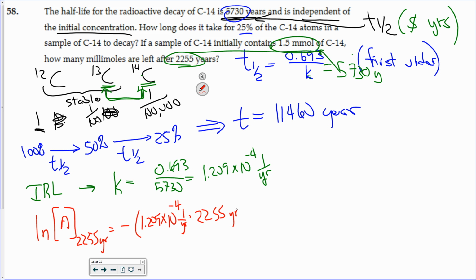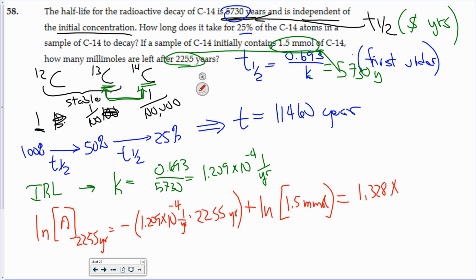I'm going to cancel that out for units. And then plus the natural log of the initial concentration or amount, which is 1.5 millimoles. Okay, so I multiply these, take the natural log of this, and add it together.